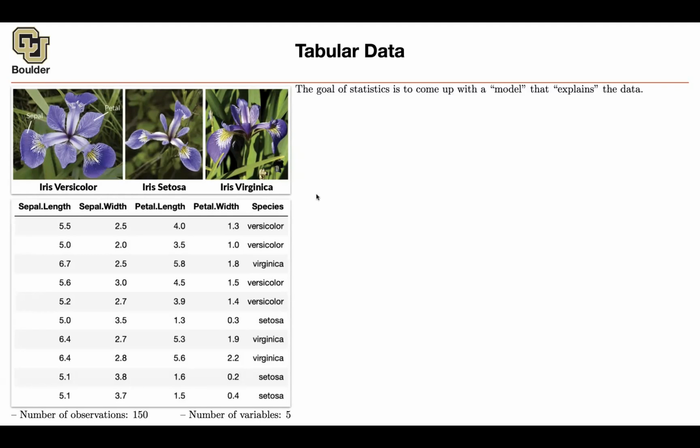I know some of you have taken a statistics course in the past, but this course is going to be about machine learning and deep learning. What are the differences? The goal of statistics is to come up with a model that explains the data. They have some data and they want to explain its predictions, look at the weights of their model, and decide how important one of the variables is for that particular prediction.